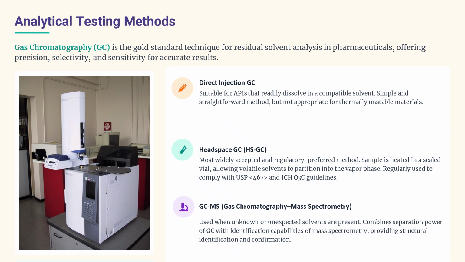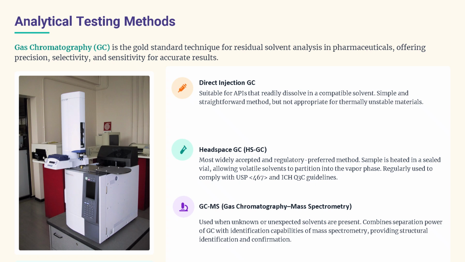Step 2. Sample preparation. Select an appropriate diluent that won't interfere with GC analysis. Typically, DMSO, DMF, or water. Step 3. Method optimization. Adjust oven temperatures, column types, and carrier gas flow to achieve clear separation between peaks. Step 4.